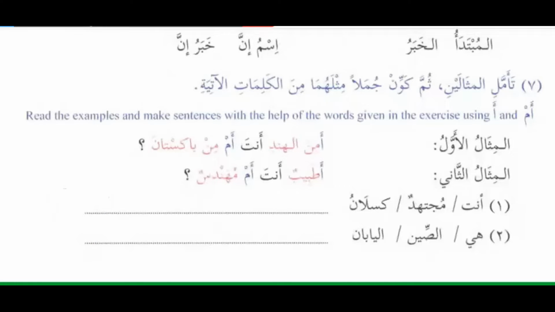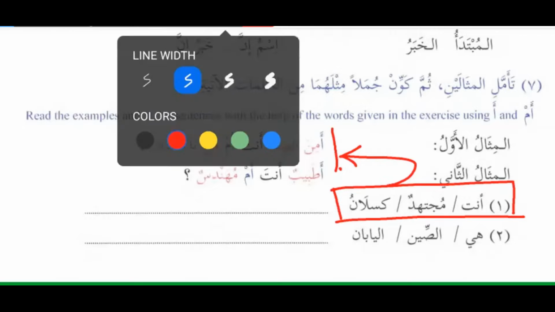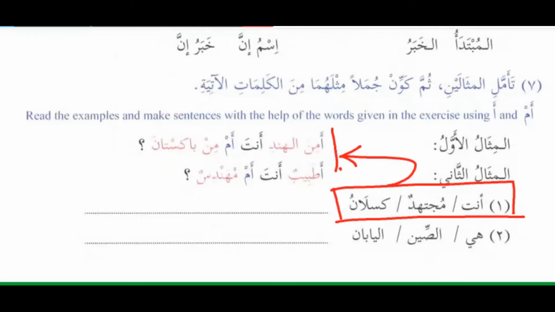Now let's say anta mujtahidun kaslanu. So can anyone make one sentence from these two sentences? Can anyone frame a sentence? So how will I write this? Amujtahidun anta. Sahih.